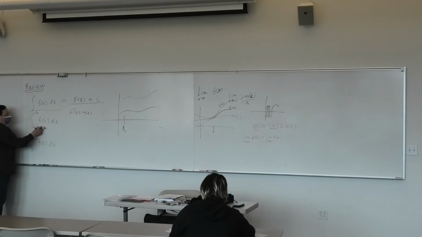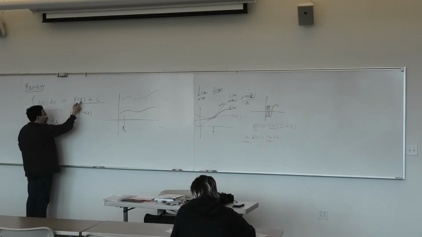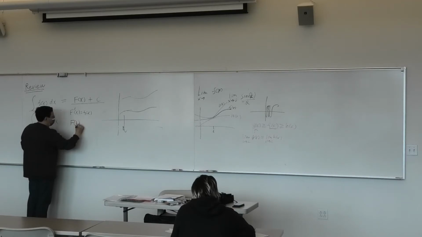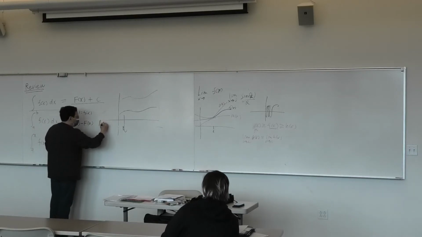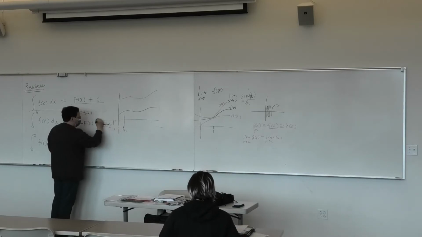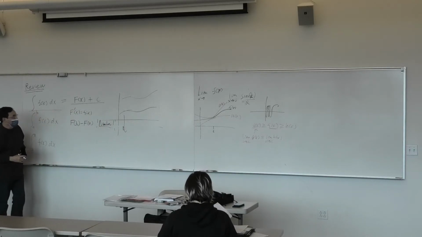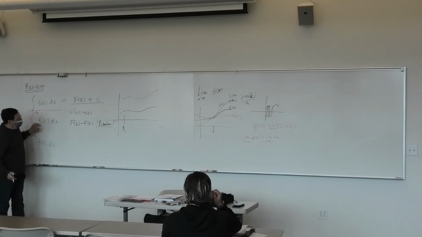Here we have something a little more concrete. It's a definite integral. Again, if I have the function F of x, it's going to be F of b minus F of a. This is a number, some value. It represents the area under the curve between these two points.